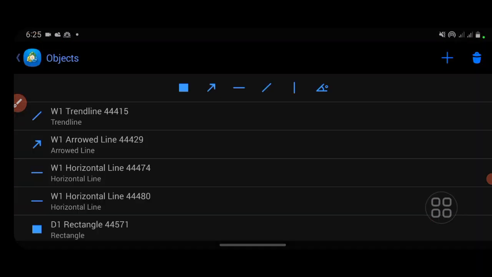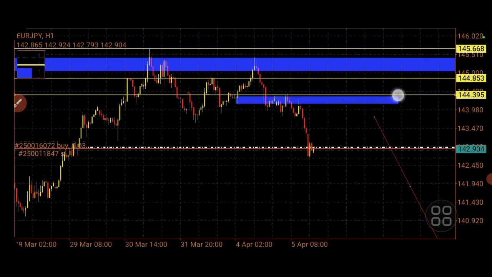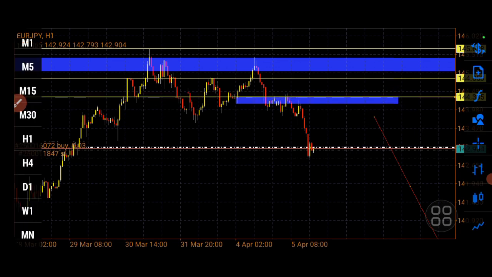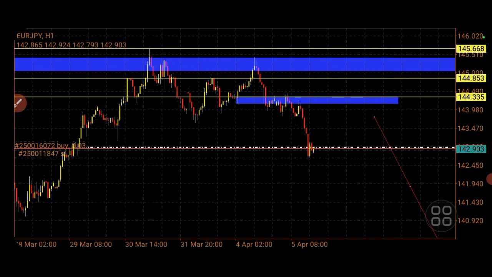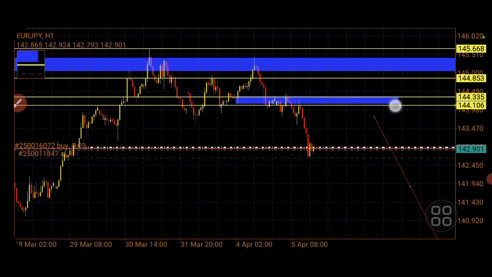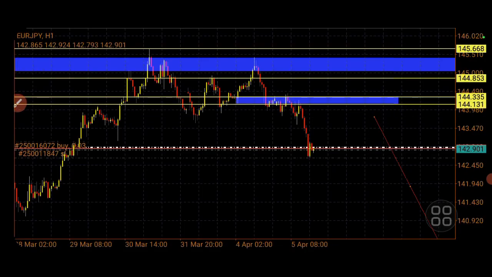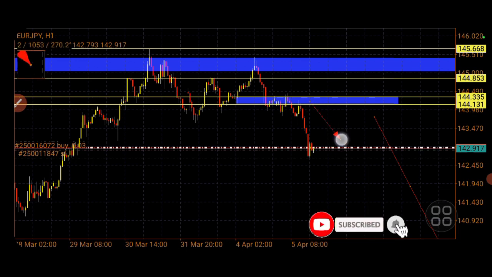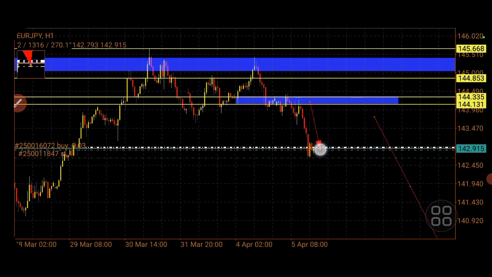As far as price did not break my zone and the candle did not close above it, I entered. So look at it. On Wednesday, this was what I was able to get from this zone down. I was able to get 125 pips.